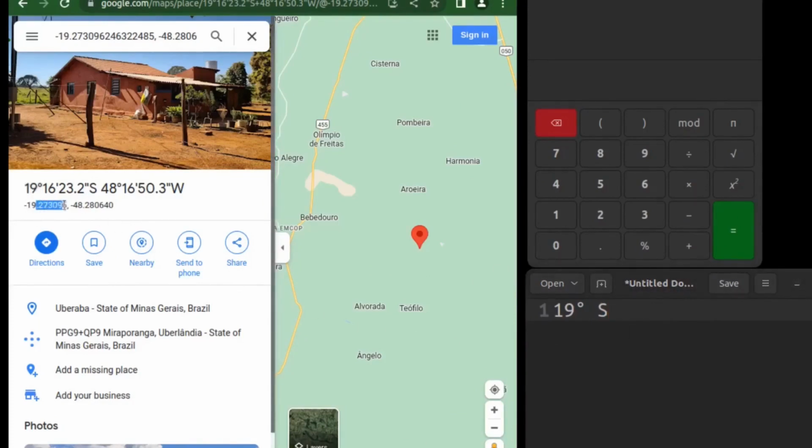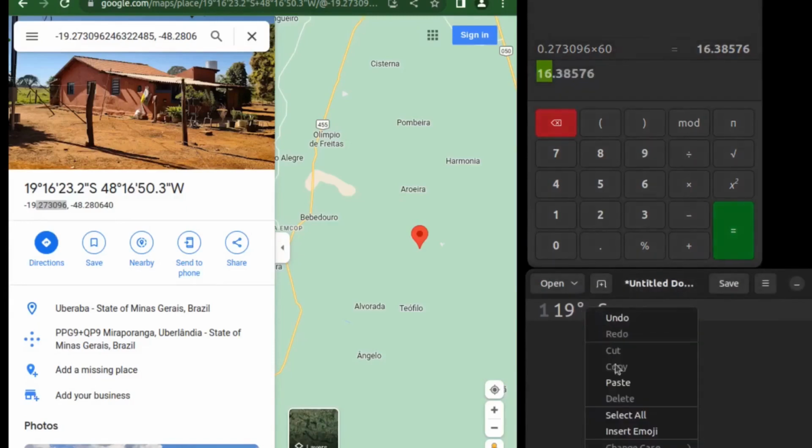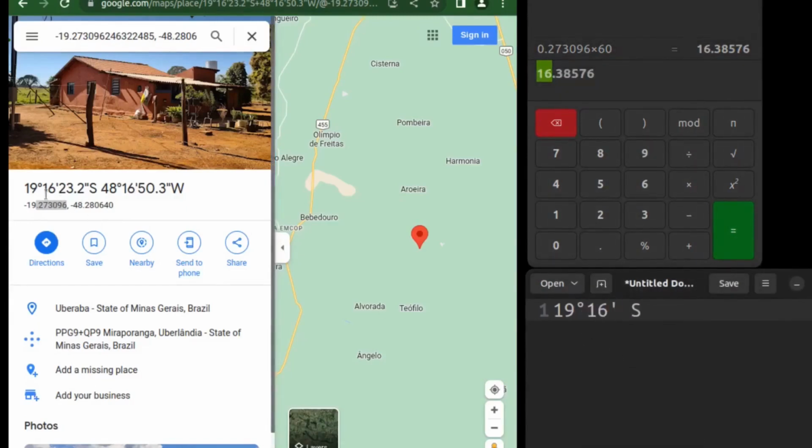Next, let's convert the decimal part. Okay. And multiply it by 60. And take the whole number as the minutes. And yes, it is correct.